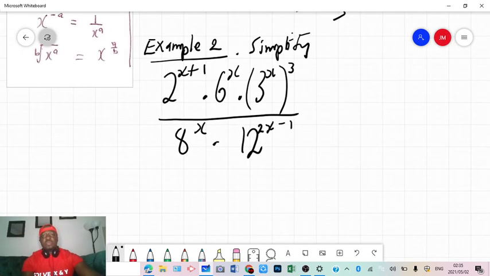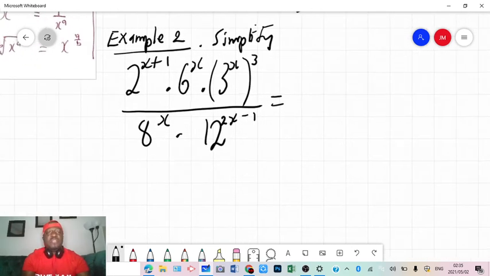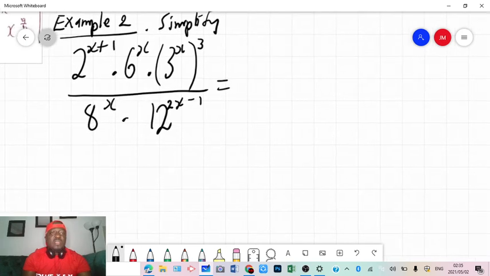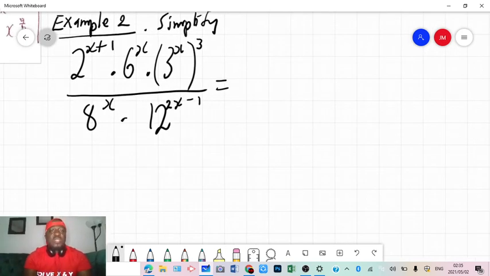So simplification means you simplify to the simplest form without leaving anything behind. So let's see what we can do.